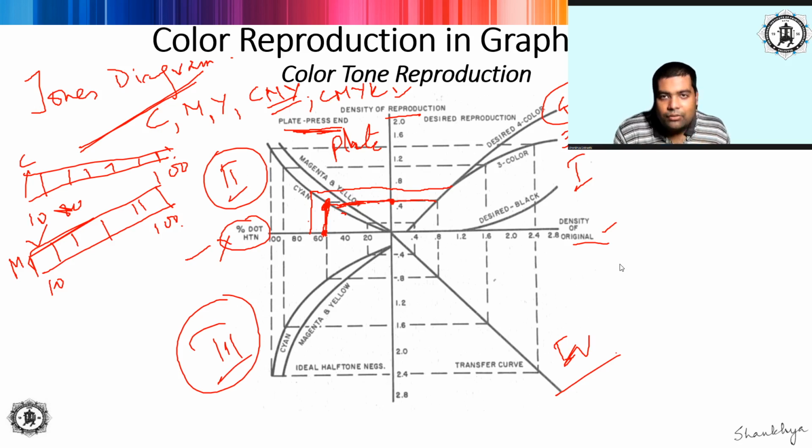Again come down to the third quadrant, draw a line, and again from the starting point in the first quadrant we have to go down to the transfer curve that you can see in the fourth quadrant, and then shift left. The point where these two lines meet is a point of intersection, and ultimately when you have multiple such points you will join them to obtain the curve.